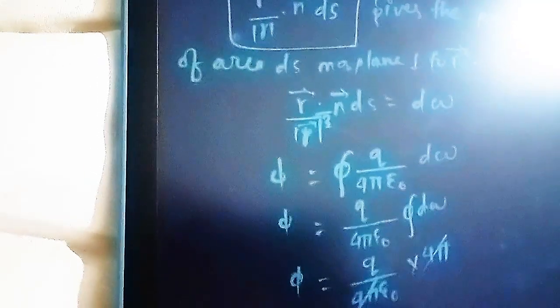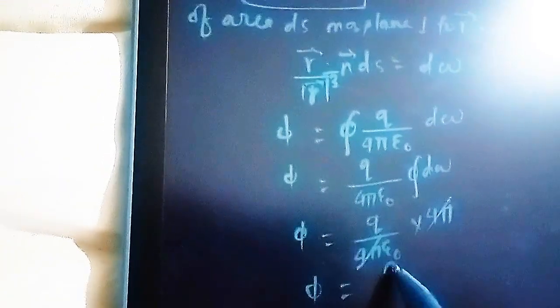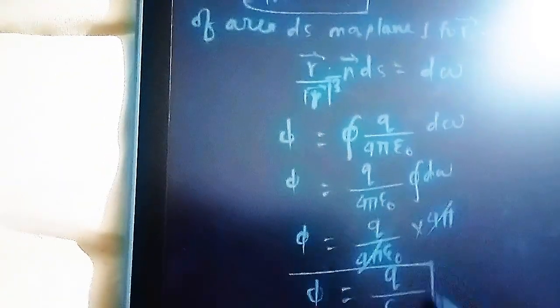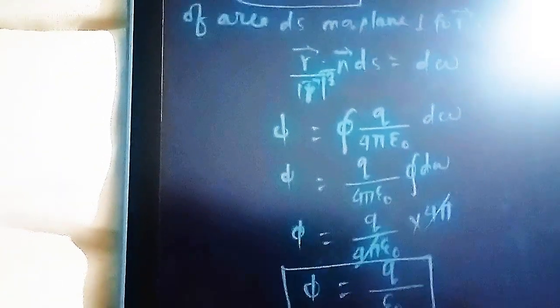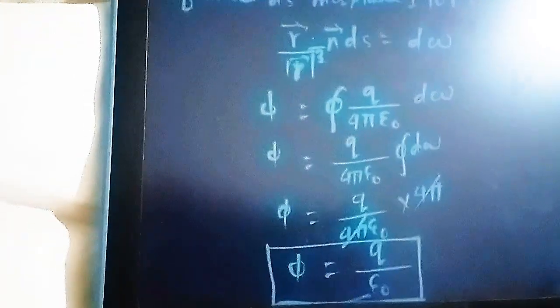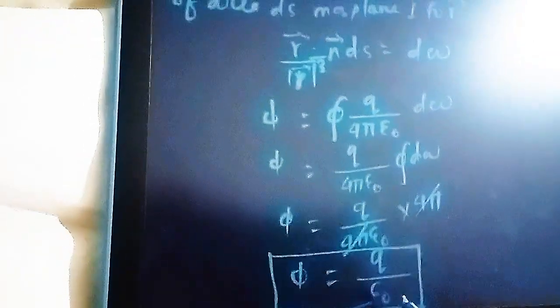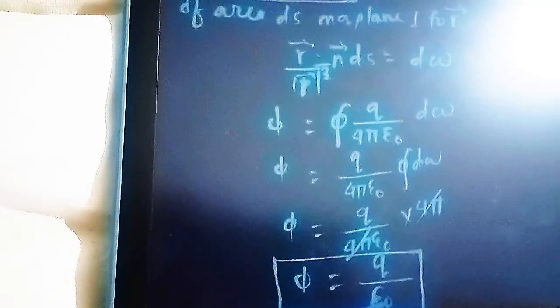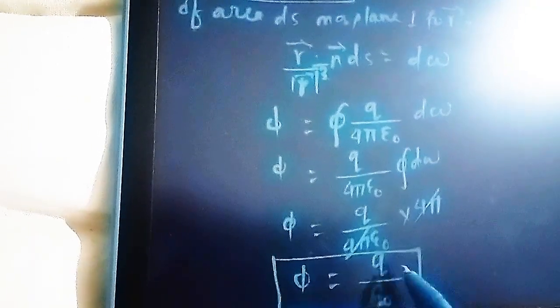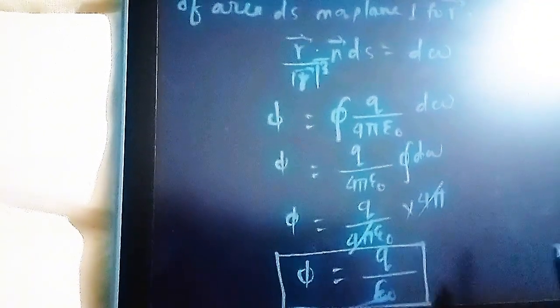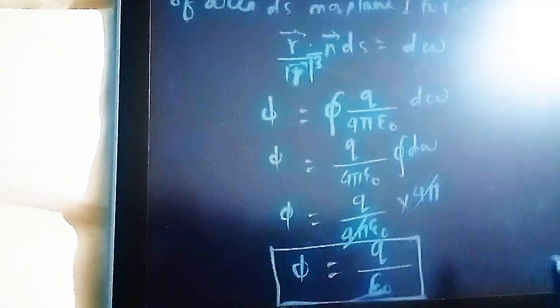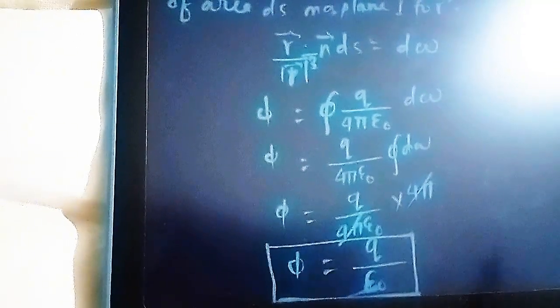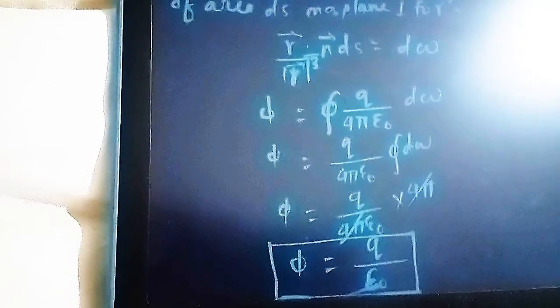The 4 pi cancels, so phi is equal to q by epsilon naught, which is the required relation, the derivation of the answer. Electric flux is equal to charge upon epsilon naught. This is Gauss law.